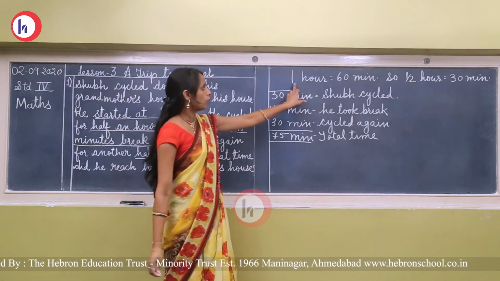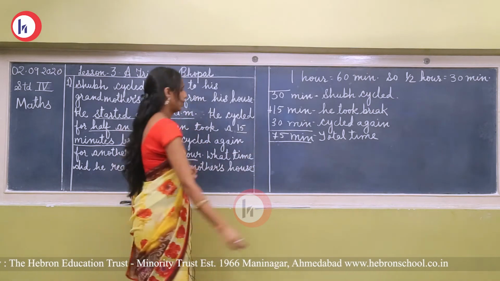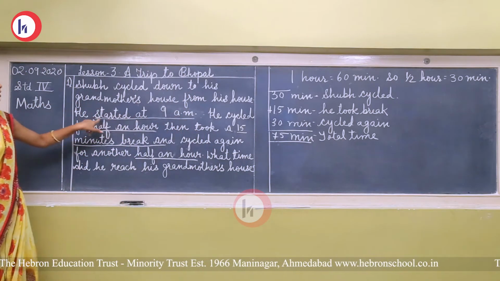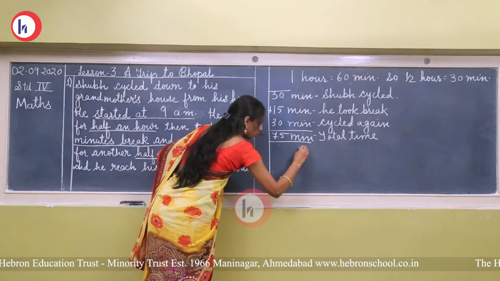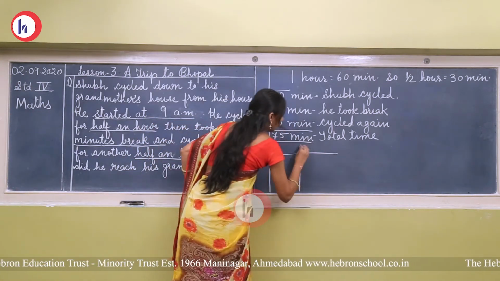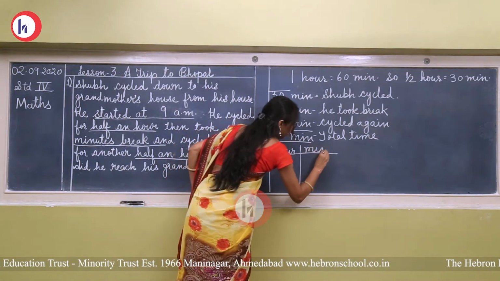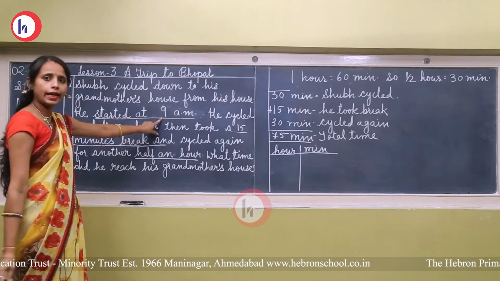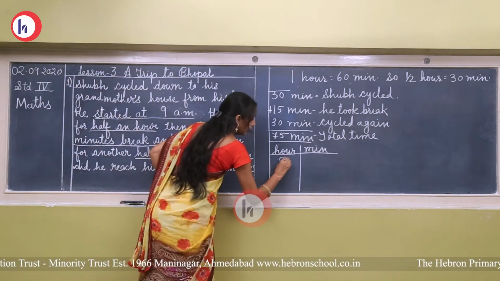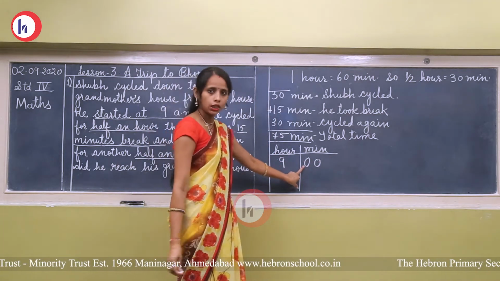As we know, 60 minutes is equal to 1 hour, and here we have 75 minutes. First of all, he started at 9 a.m. So to start, we have to write hour and minute here. At which time did he start? At 9 a.m., so we will write 9 here, and there are no minutes, so we put 0.